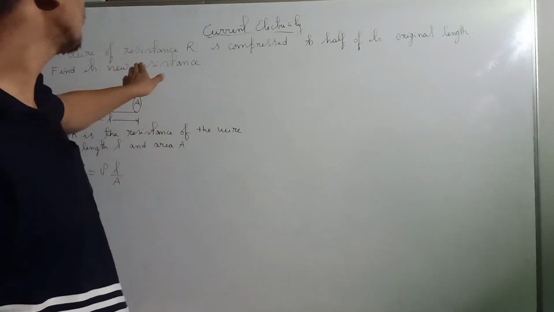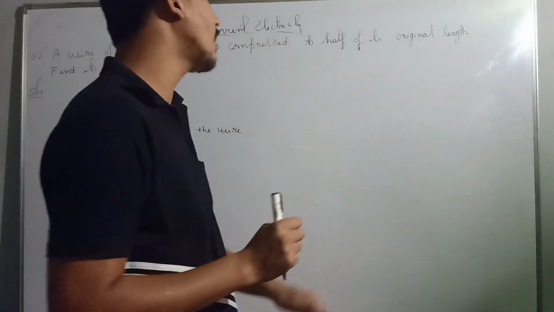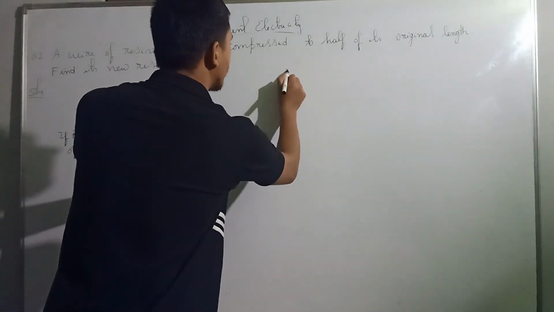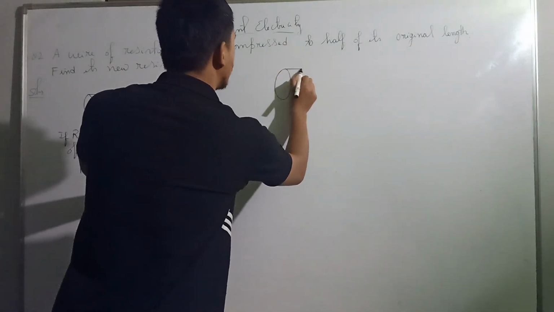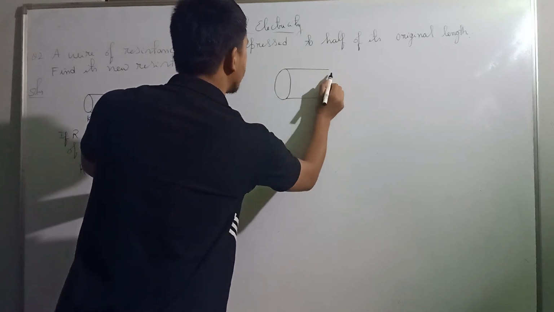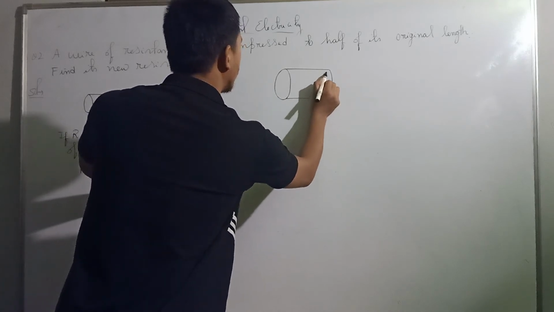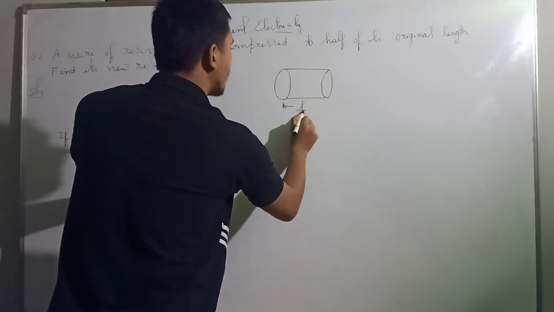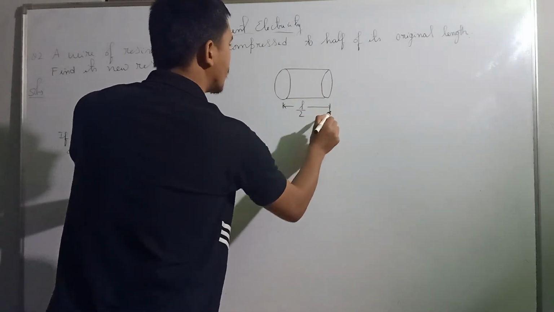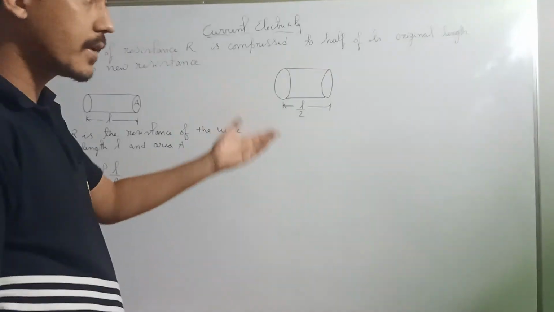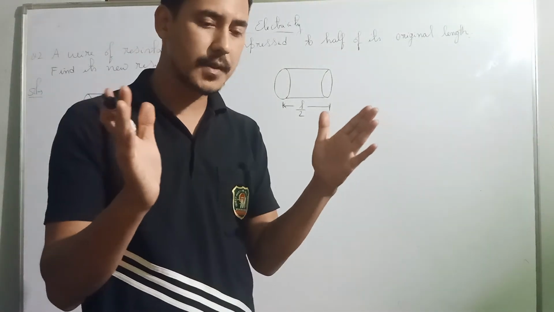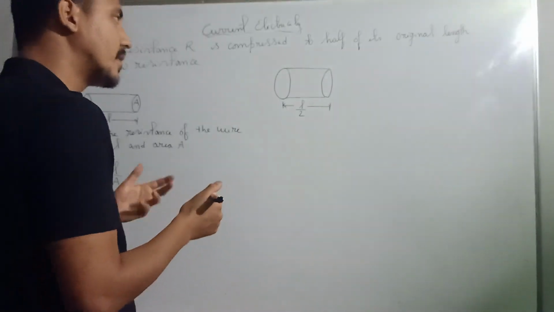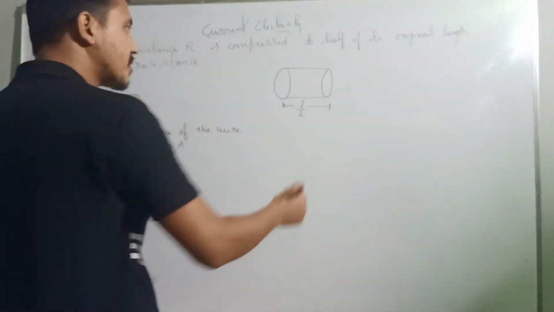Now, if the wire is compressed to half of its original length, that means the length of this wire becomes L upon 2. Now we do not know what happens to the area. Definitely if you compress the wire, its area of cross-section will increase, but we do not know by how much.